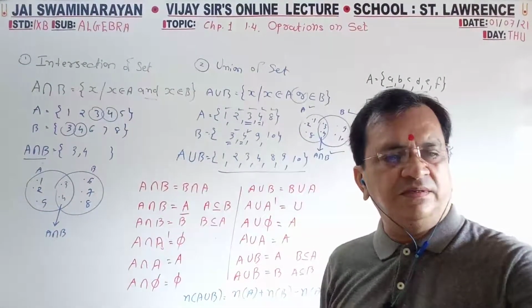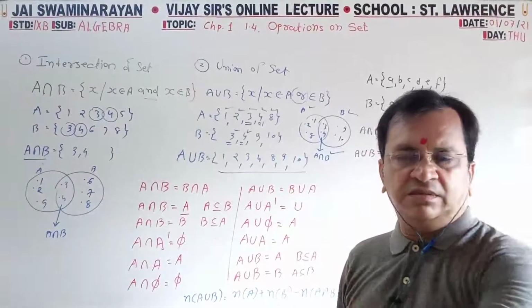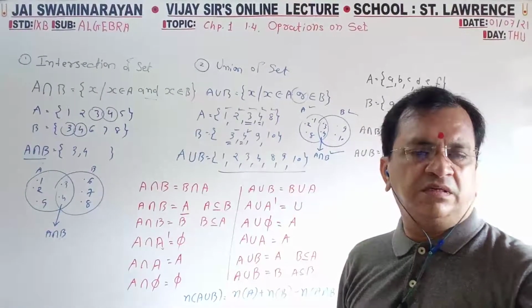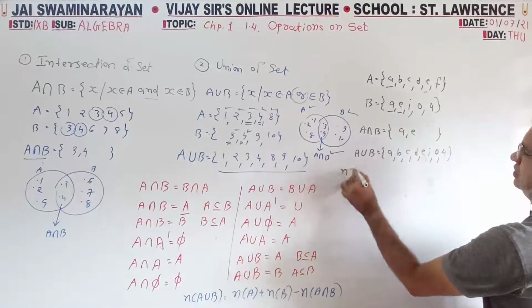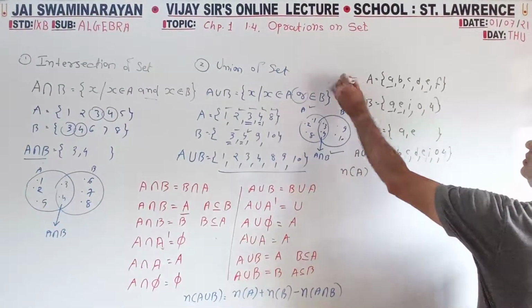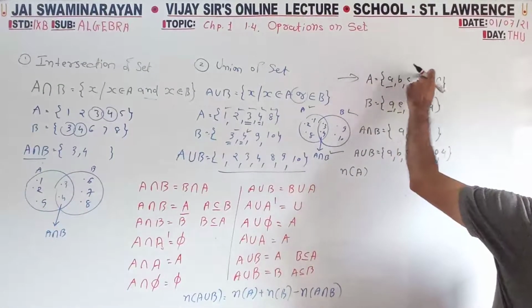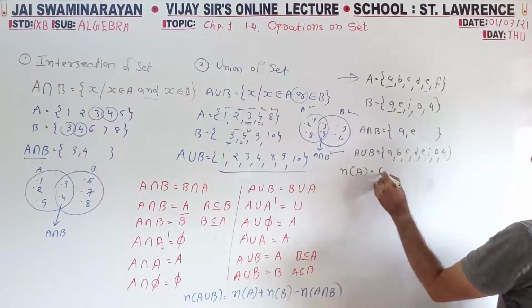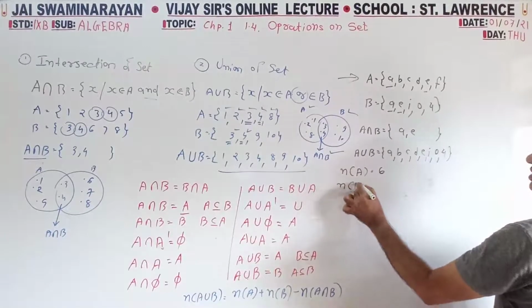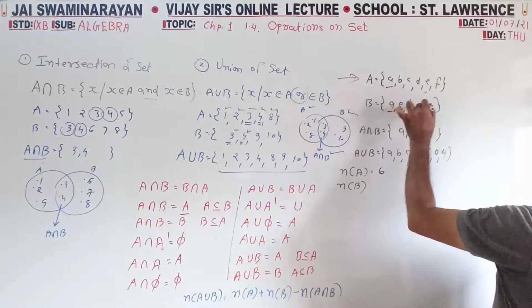Now, number of A: 1, 2, 3, 4, 5, 6. Number of A is equal to 6. Number of B: 1, 2, 3, 4, 5.